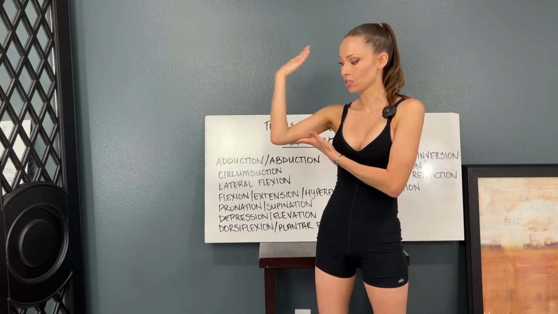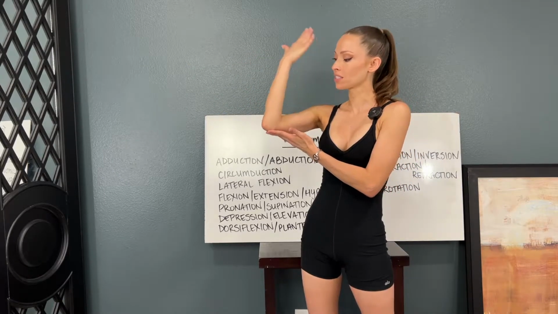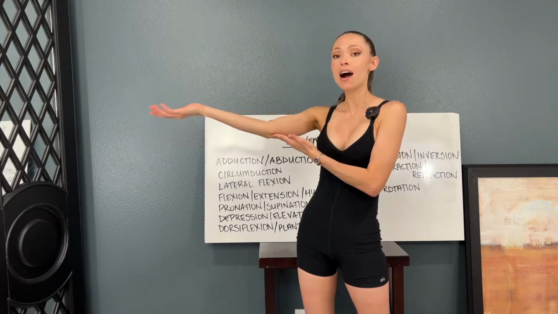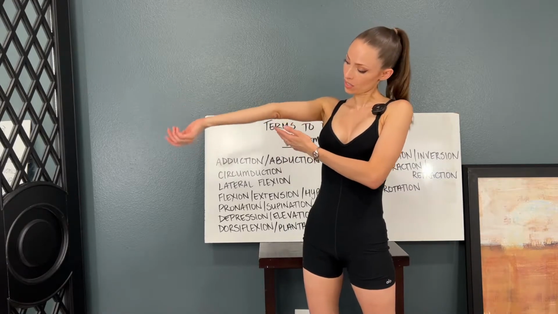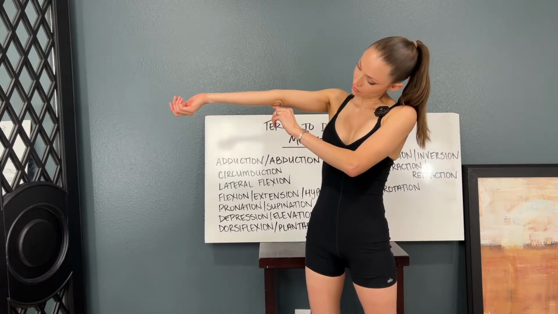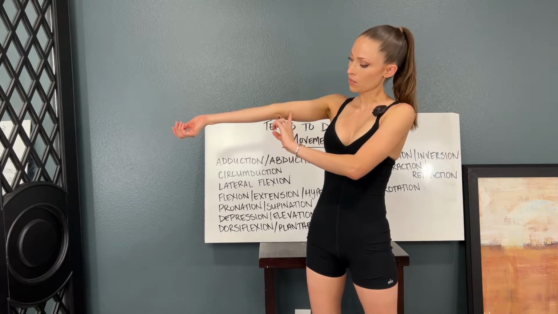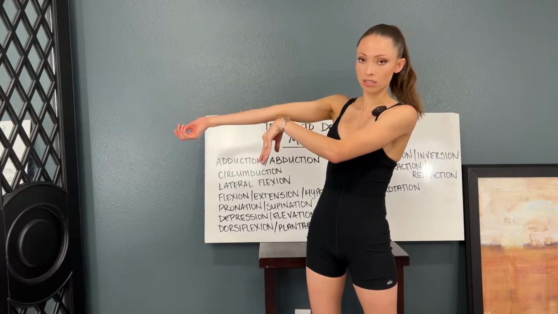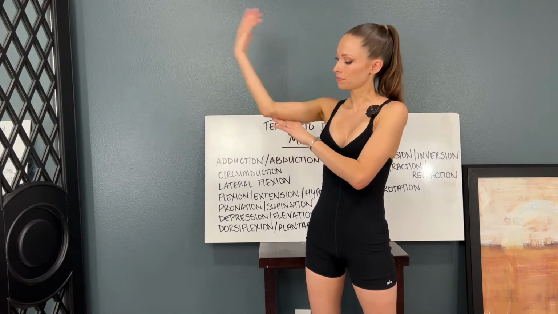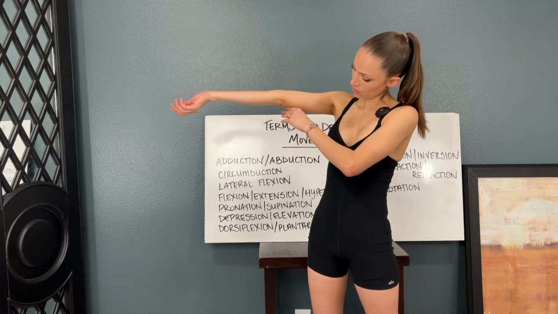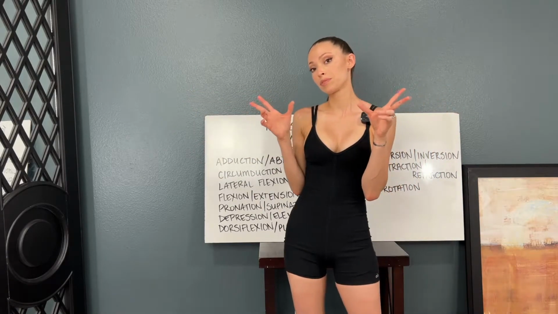So flex closes the joint, extension opens it. Hyper is when, with some people you see it more, their joints with hyperextension go beyond the plane right there.